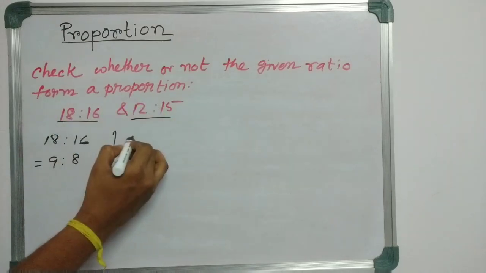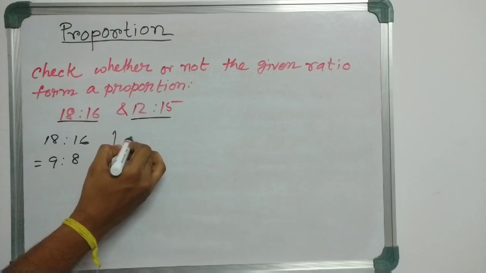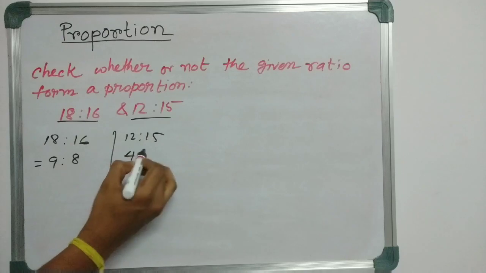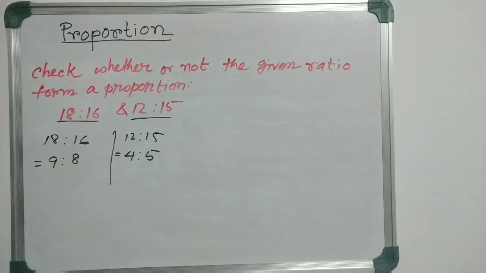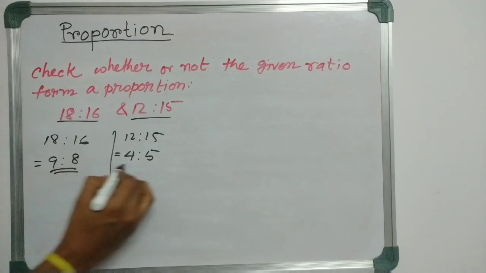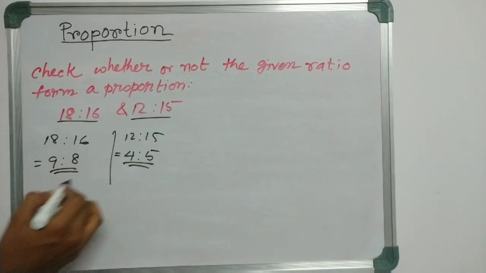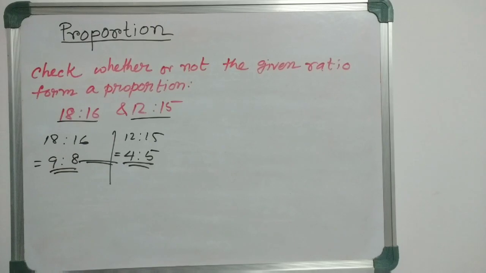Now this one, let us divide it by 3. Then this is 4 is to 5. So this is the simplest form, and this also is the simplest form. So we cannot say that these two ratios are equal. So we can easily say that these two are not in proportion.